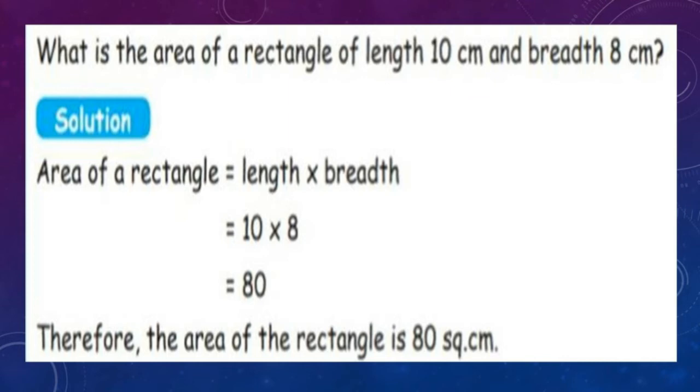That means length into breadth. So 10 into 8. So 10 eights are 80. Therefore, the area of the rectangle is 80 square centimeter. That means we already know square units, isn't it? So we have to mention it as square centimeter.